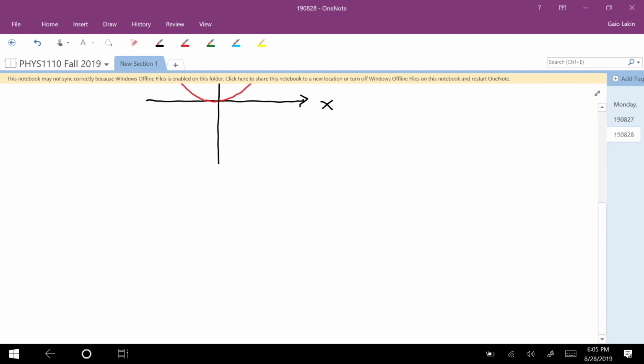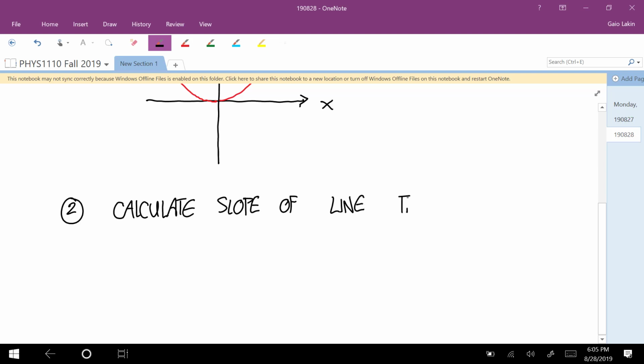The second problem was we want to calculate the slope of the line that goes through two points. One was the point 1, 2, and the second point was 4, 3.